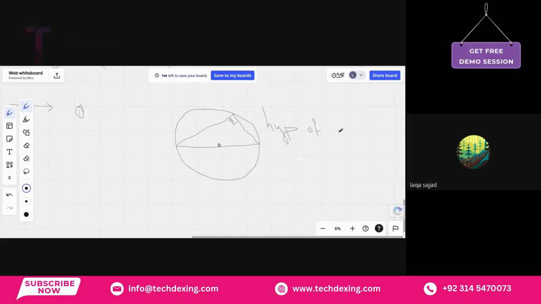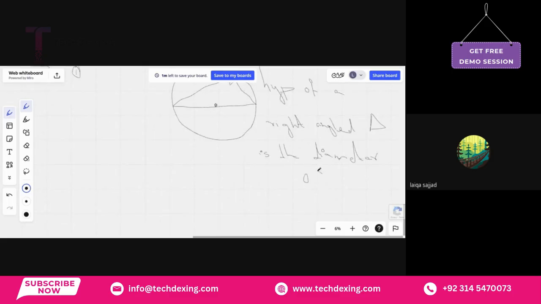The hypotenuse of a right angled triangle is the diameter of the circle.